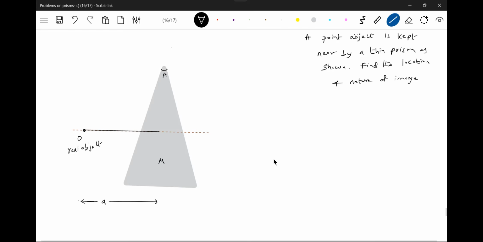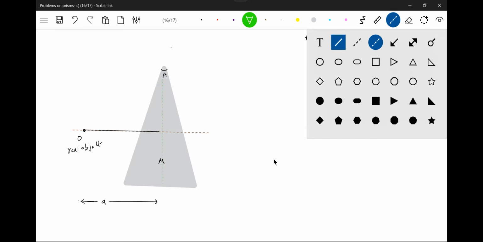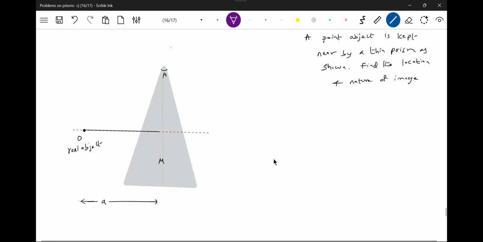For the thin prism, we'll take all the refractions with respect to the midpoint of the prism. Now the ray after refraction will pass like this. Now you send another ray. It will also undergo refraction.